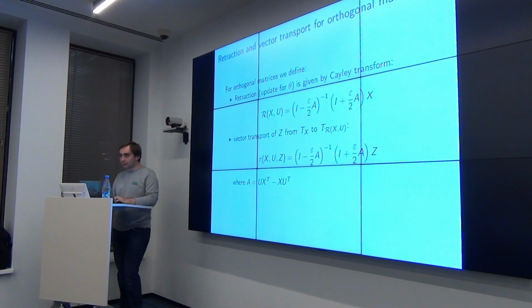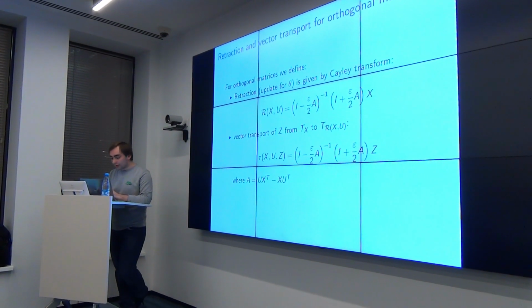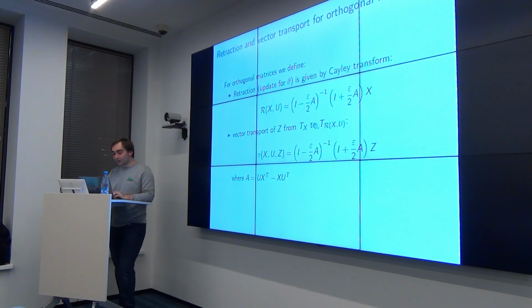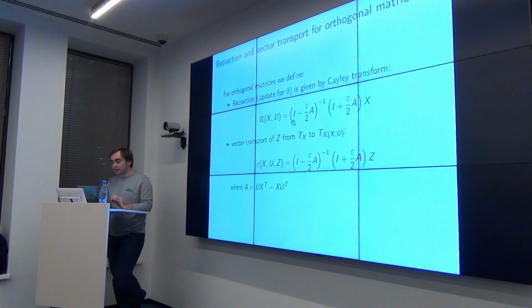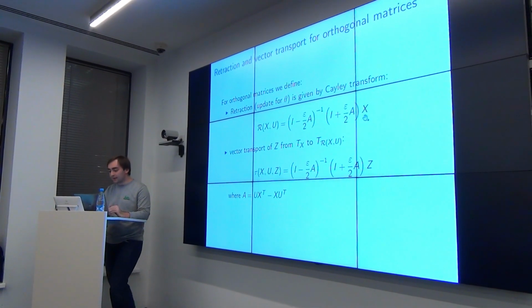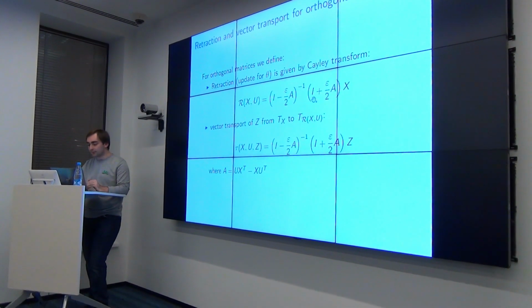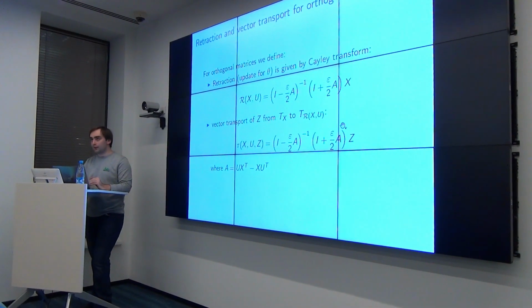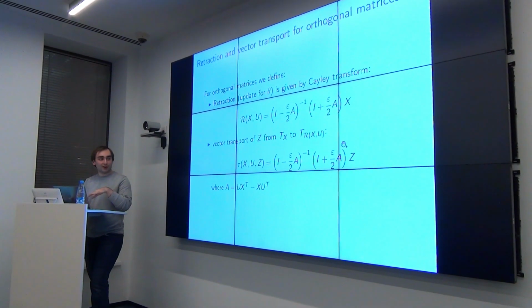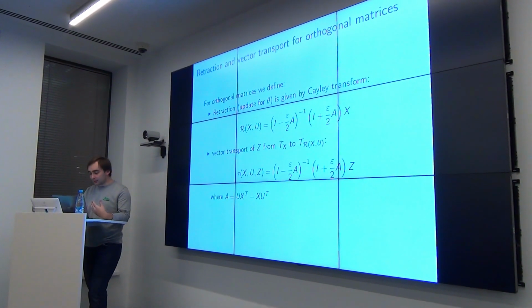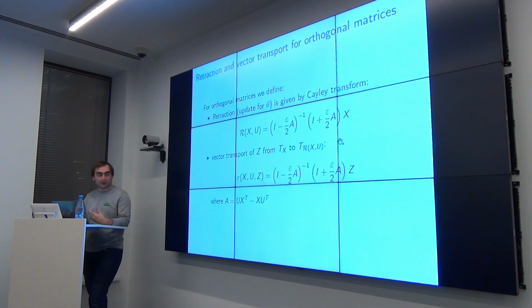Can you explain the geometric meaning of this transformation? Okay, so you have rotated the columns of X somehow, because this is the rotation matrix. Imagine that the columns of X are points on the sphere.